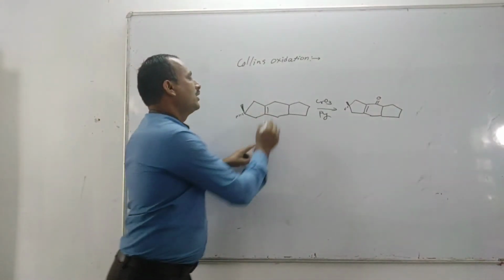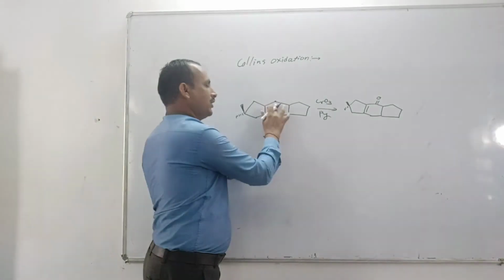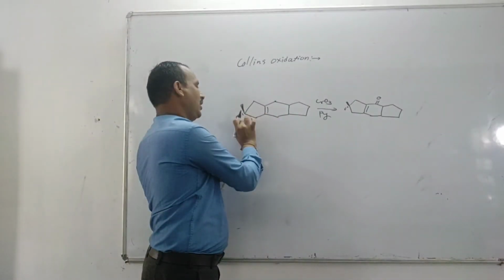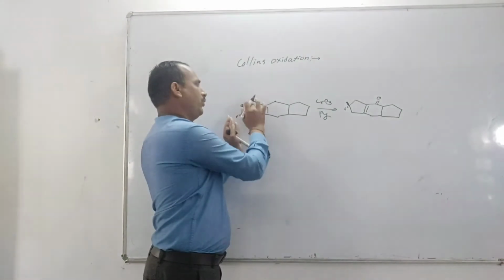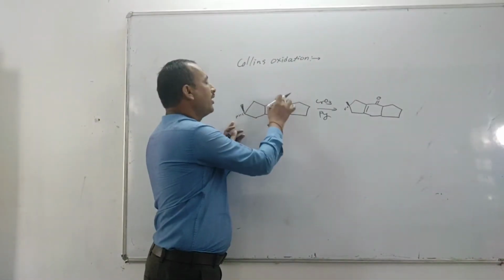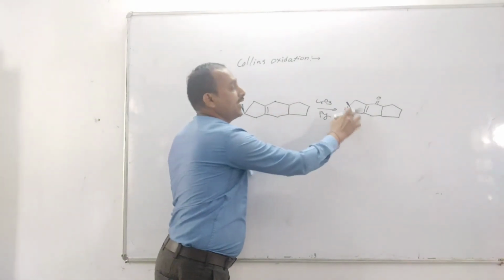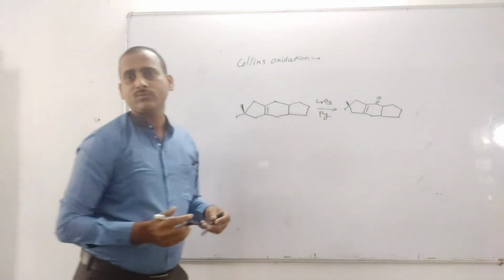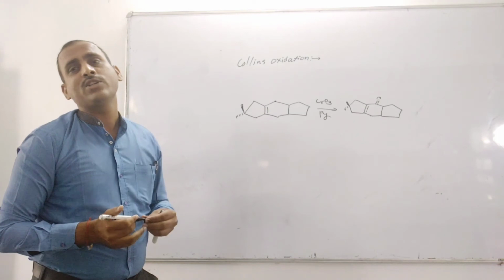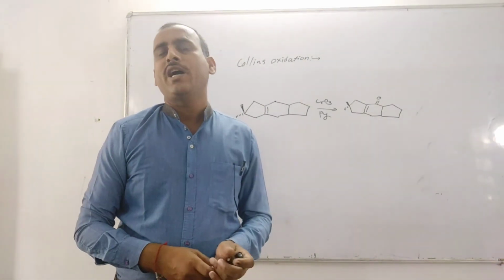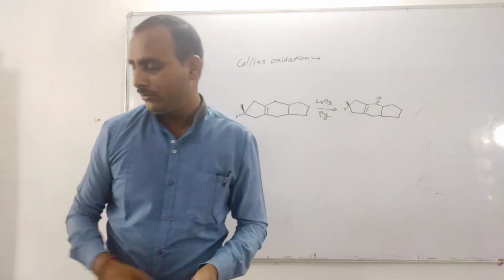So this allylic position is oxidized. This position is hindered because of the CH3 and another CH3, due to two CH3 groups, this position is hindered, and therefore this allylic position is oxidized to ketone. So Collins reagent is also used for the oxidation of allylic hydrocarbon to the corresponding ketone.